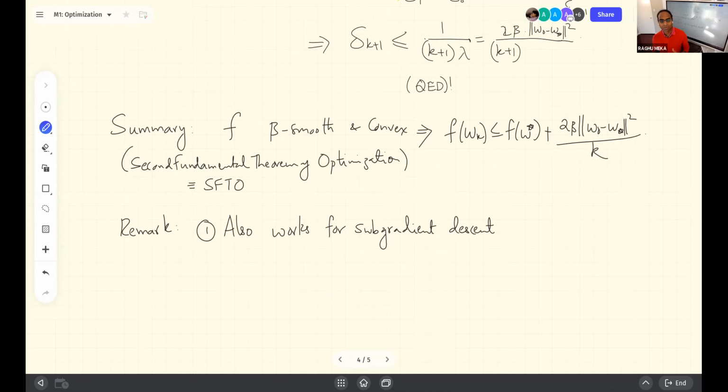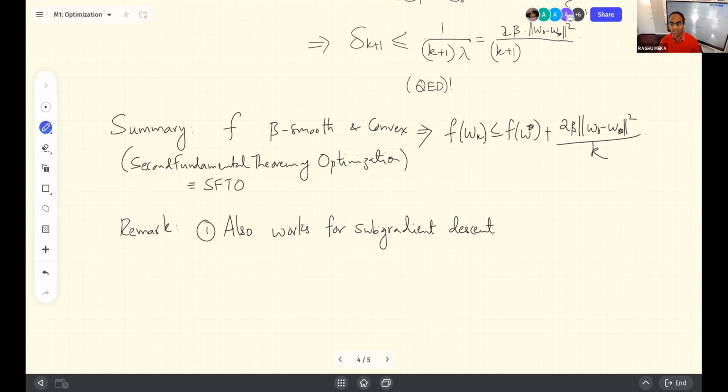Okay, so what do you mean by also works for subgradient descent? You can define beta-smoothness in terms of subgradients, and if your function is beta-smooth and convex but maybe not necessarily differentiable, you can apply subgradient descent and you'll get the same bounds as before. In fact, nothing really changes in the analysis, everything is just the same.